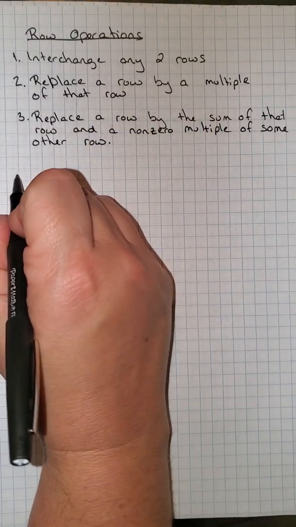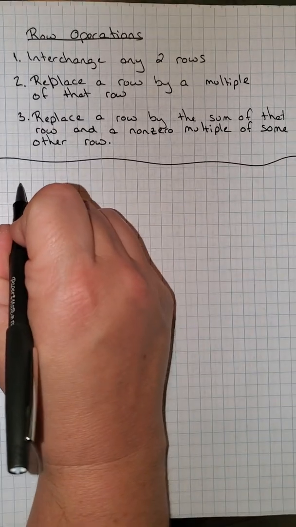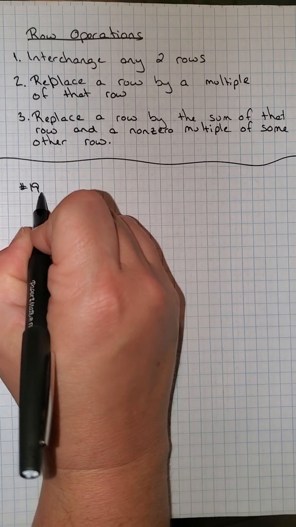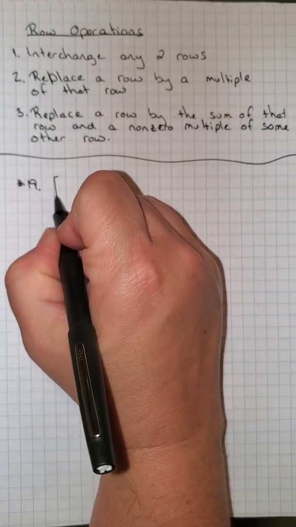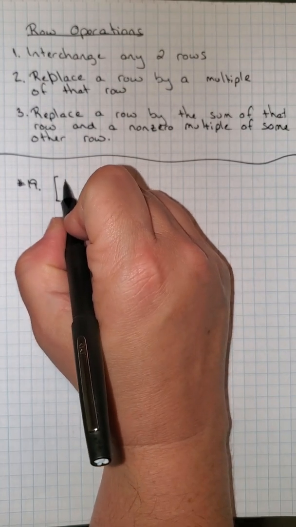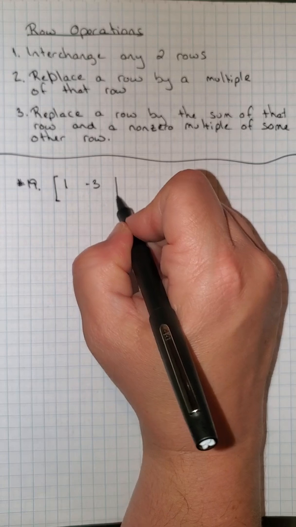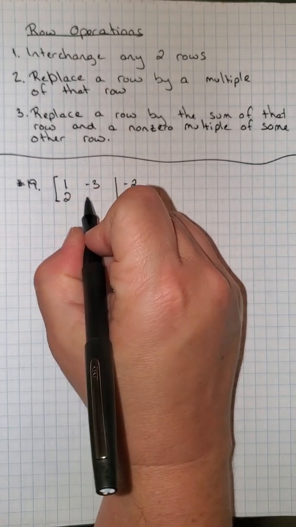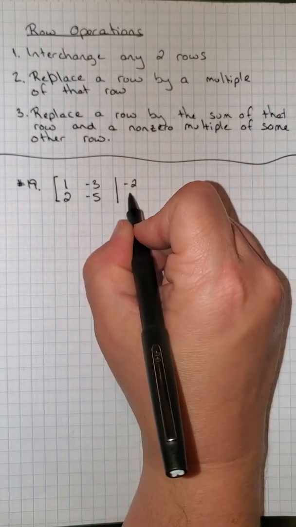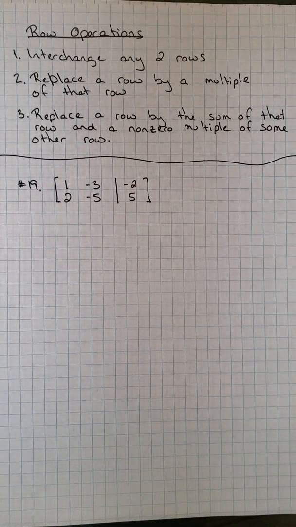Alright, so looking at number 19. We have the matrix 1, negative 3, and then our constant is negative 2, and then the second row is 2, negative 5, 5. And then we're asked to do some row operations.